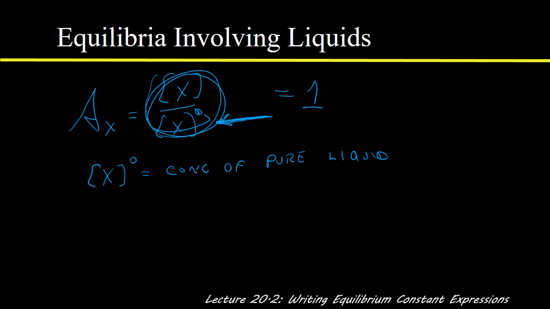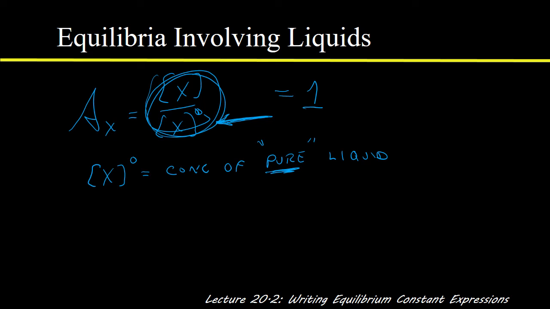Okay. And again, the meaning of the phrase pure liquid is, if you've got a reaction taking place in water, and water is one of the reactants, well, that solution is going to be almost entirely water, right? So it's essentially pure water.